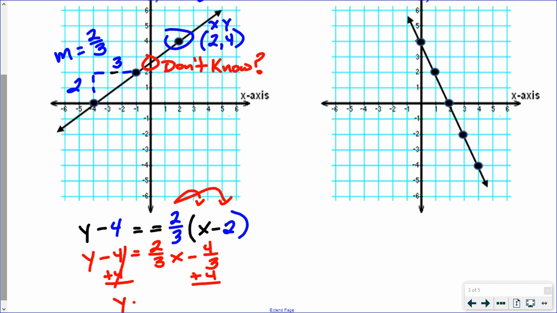And I'd have y equals 2/3 x plus, let's see, that's 1 1/3, so that would be 2 2/3. I think that's 8/3, but I'm going to check it on my calculator real quick.